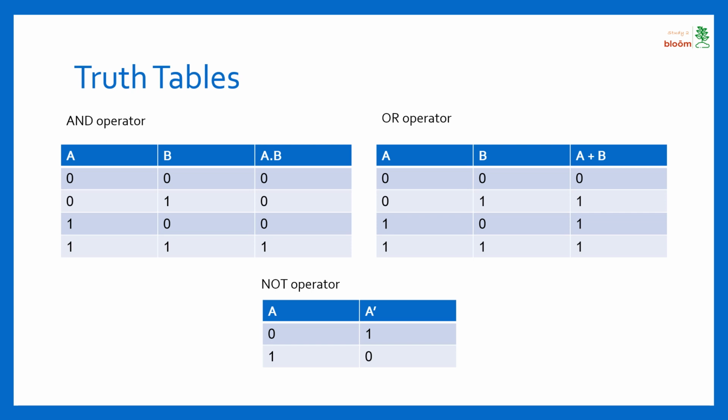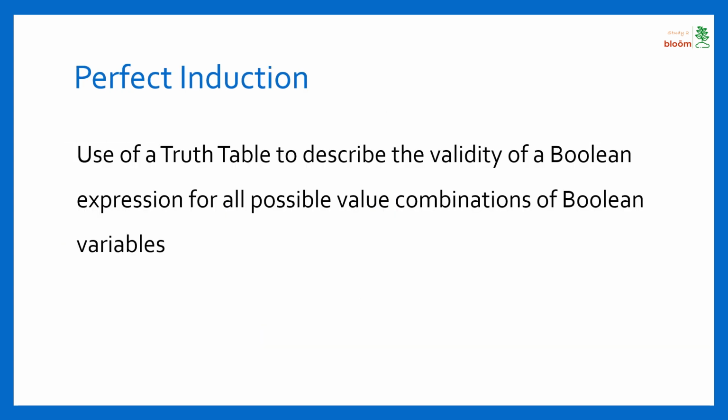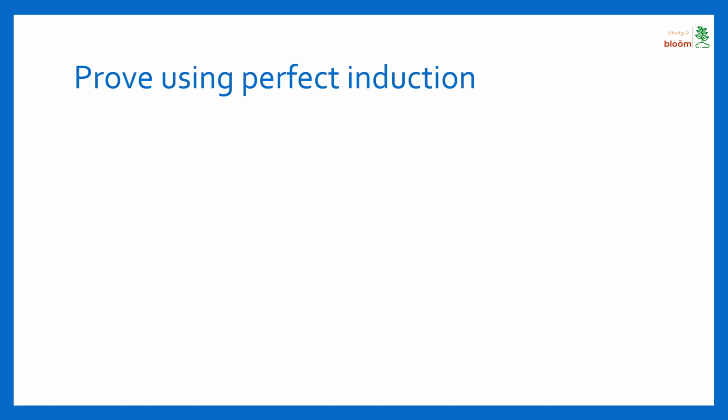If A is 1, NOT A is 0. So we can represent all the possible occasions using truth tables. Perfect induction is the use of a truth table to describe the validity of a Boolean expression for all possible value combinations of the Boolean variables.